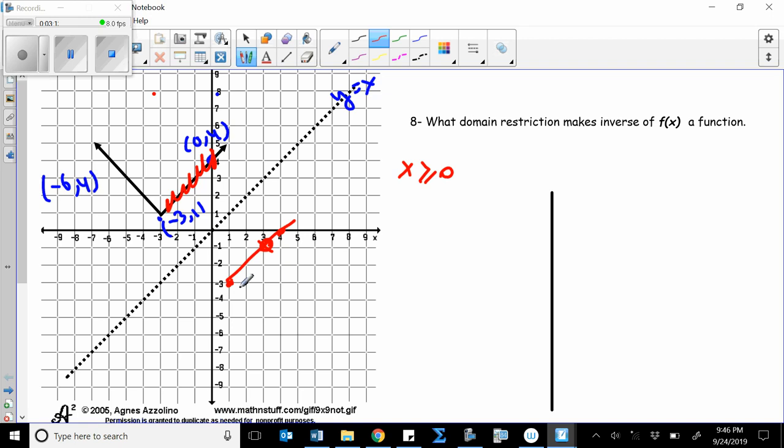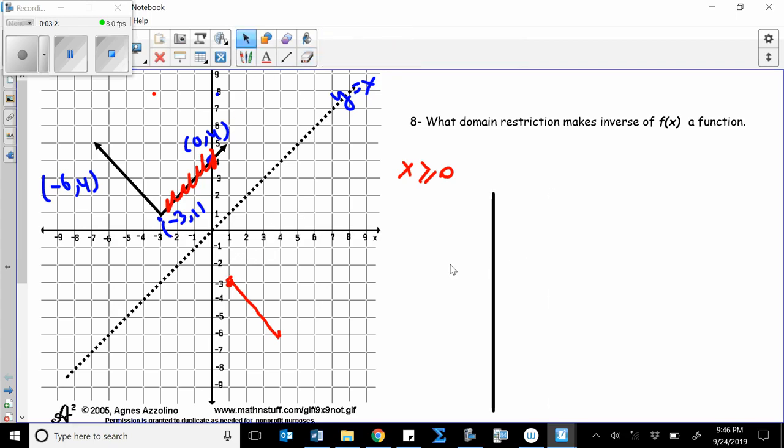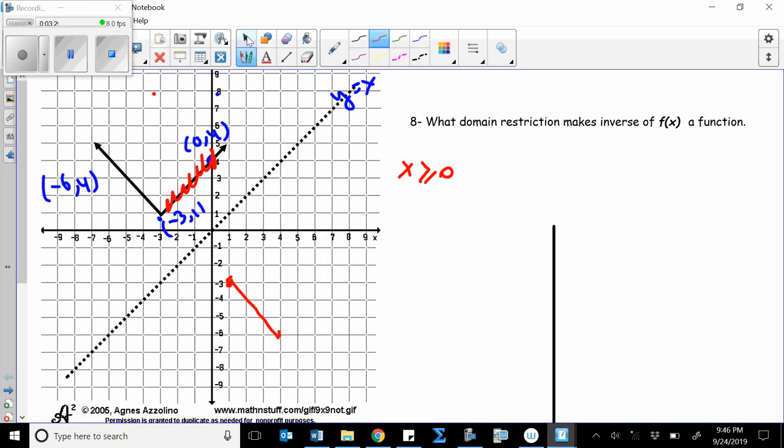Then the inverse would be this point and this line. Then we wouldn't have this side of the inverse. Now again, if you use the vertical line test, it's always passing through only one point. So here we took only the x values which are less than -3.